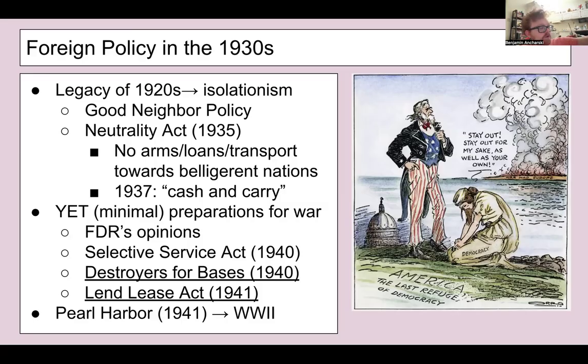However, America is eventually going to become directly involved in World War II itself as a consequence of the attack on Pearl Harbor in 1941. The Pearl Harbor military base in Hawaii, obviously, is going to be sneak attacked, allegedly, by the Japanese in December of 1941.